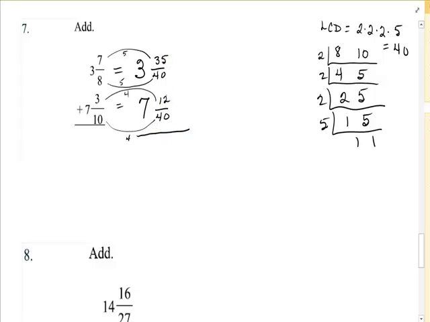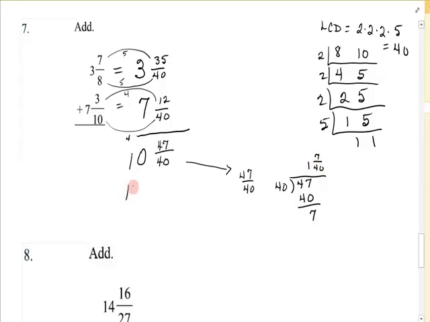When I add these, I'm going to get 47 40ths, and when I add the 7 and the 3, I get 10. Well, this fraction piece is improper. So 47 over 40, going to divide 40 into 47, goes one time. 1 times 40 is 40, and I get a remainder of 7, so it is 1 and 7/40.